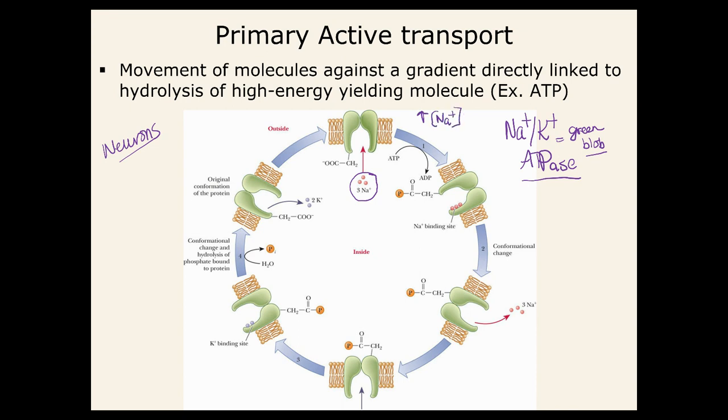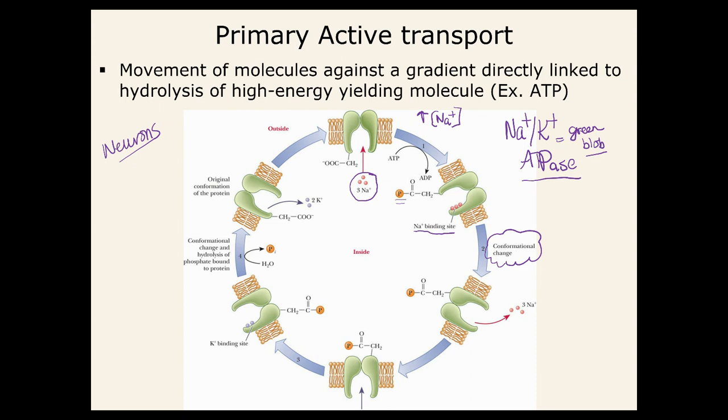And that will not be easy. It's going to require energy. So let's take a look at that. You have sodium ions come in to the binding site, shown here, and there's a phosphorylation event on the enzyme that creates a conformational change.